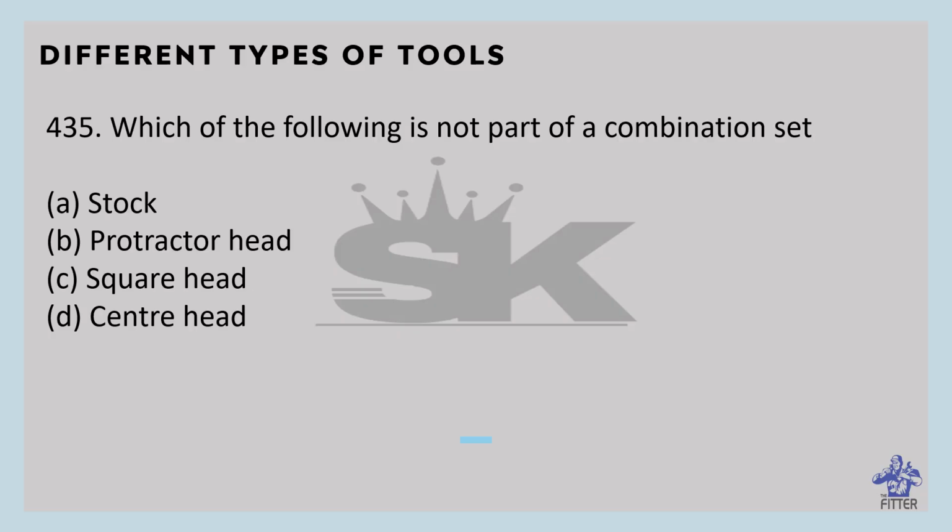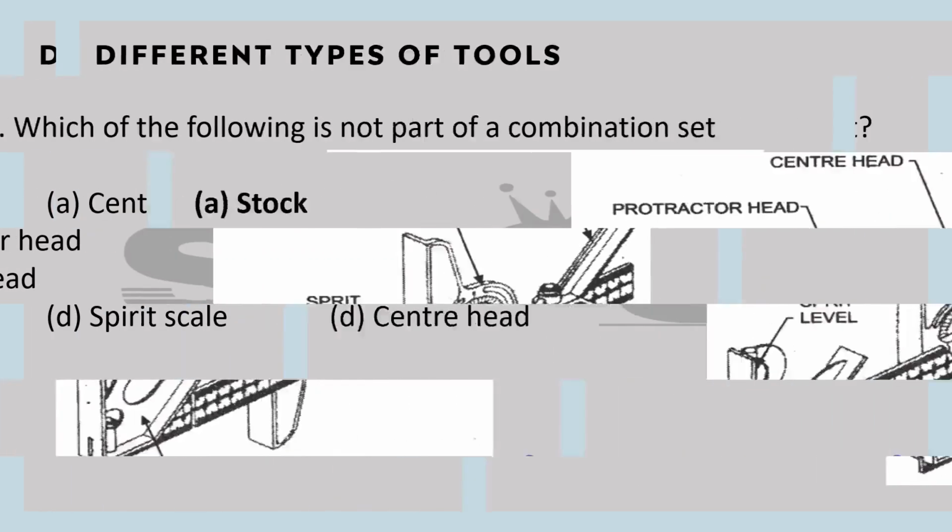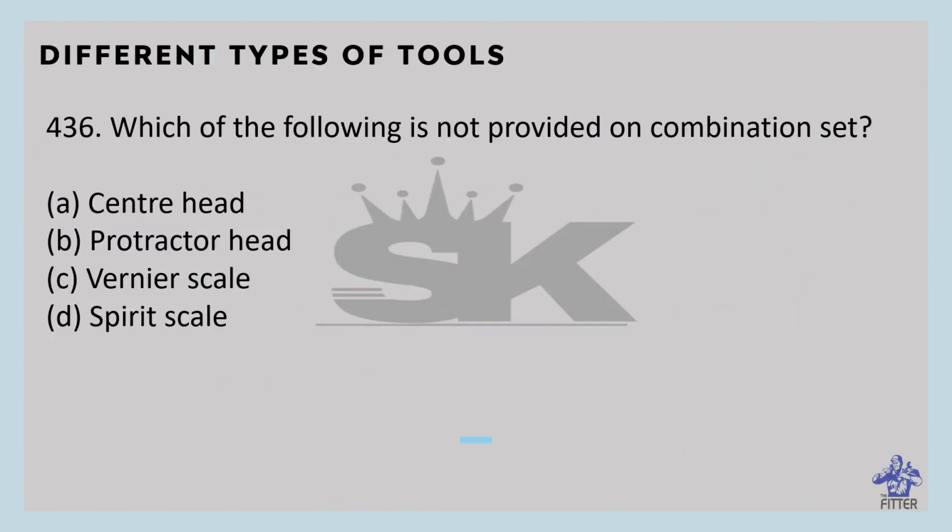Which of the following is not part of the combination set? That is the stock. Protractor head, square head, and center head are part of the combination set; we all know. Which of the following is not provided on the combination set? That is the vernier scale.